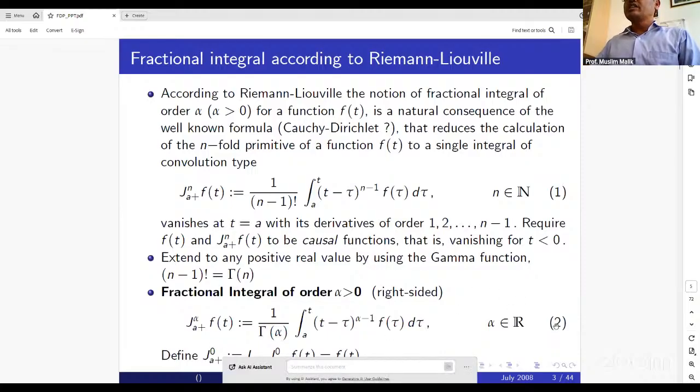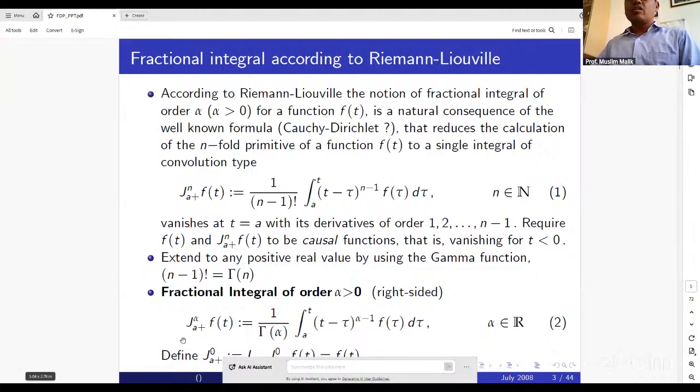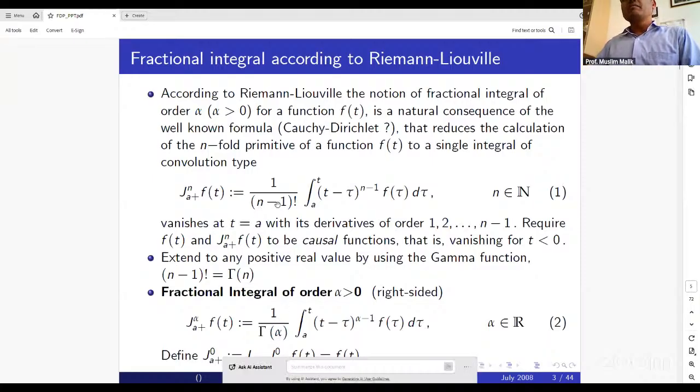Okay, so this expression 2 is called the right-sided fractional integral of order alpha, where alpha is greater than 0, any real number. And then it is 1 upon gamma alpha. So here gamma alpha means factorial alpha minus 1. Here this 1 upon n minus 1 factorial we replace by gamma alpha.